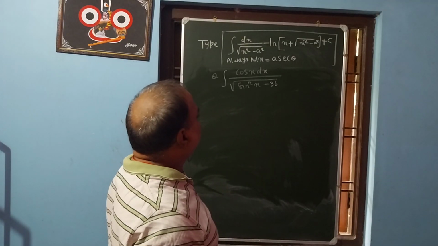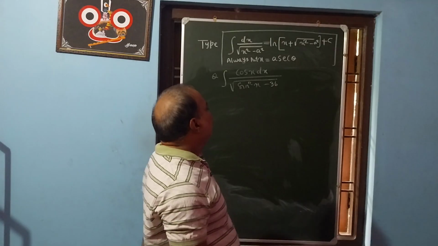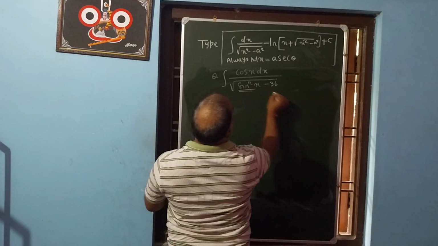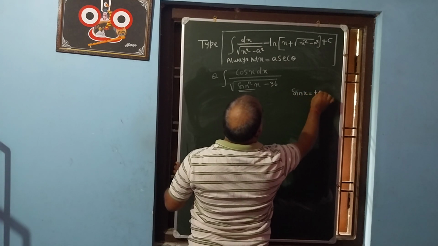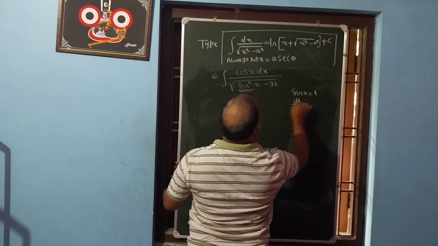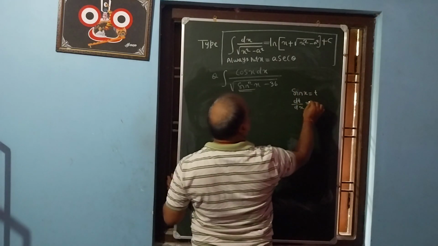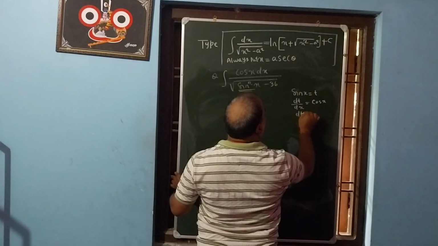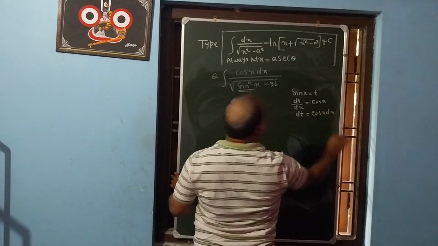In order to solve this integral, first of all we have to take sin x is equal to t. So dt by dx is equal to the derivative of sin x, which you know is cos x. So dt is equal to cos x dx.